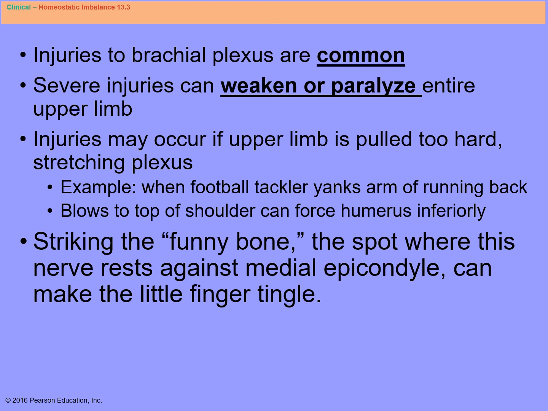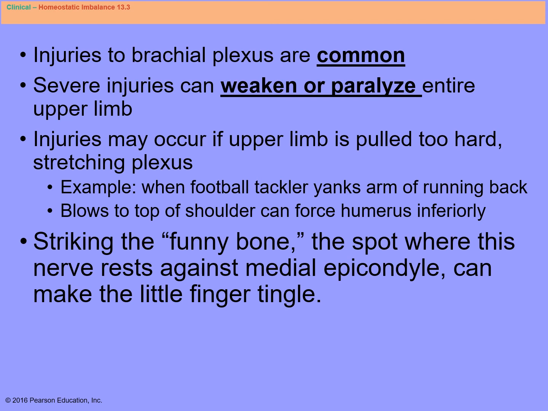If you stretched it, sometimes that causes injury. A blow to the top of the shoulder can force the humerus down. That can cause injury to it. Maybe you fell and you hit your arm really hard. That might cause injury to it.